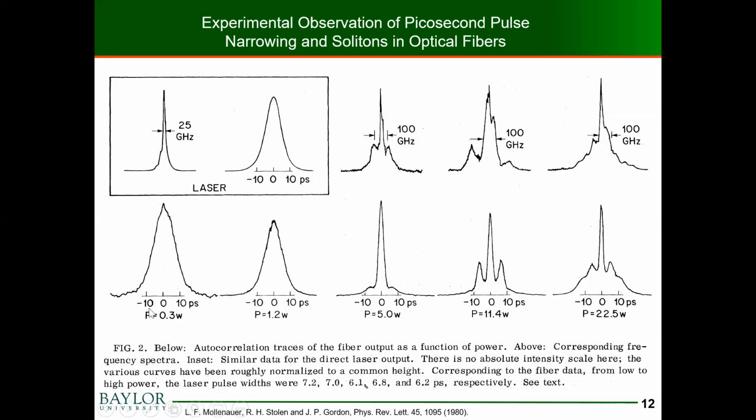At the end of propagation, if the pump power is very low, it is dominated by the dispersion effect, and it is slightly broadened compared to the original laser pulse. But if you increase the pulse power, you get the original pulse back, right? You get the original pulse back.